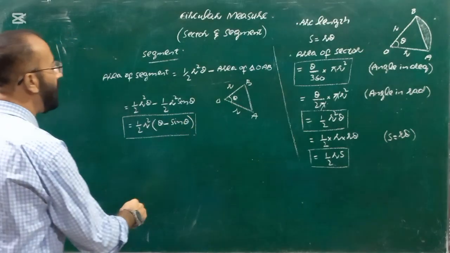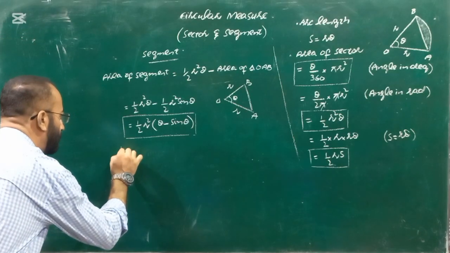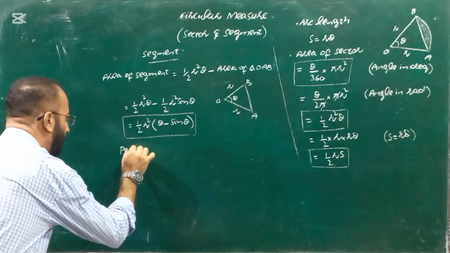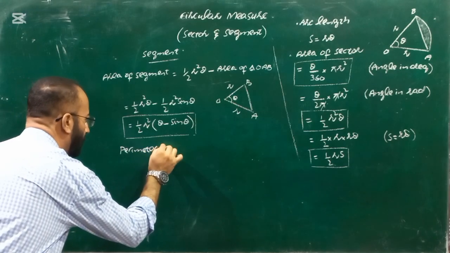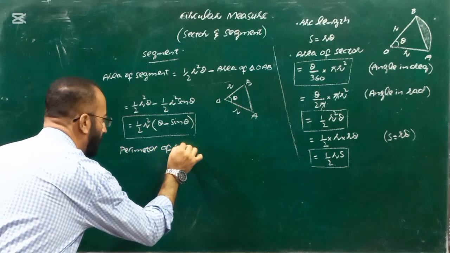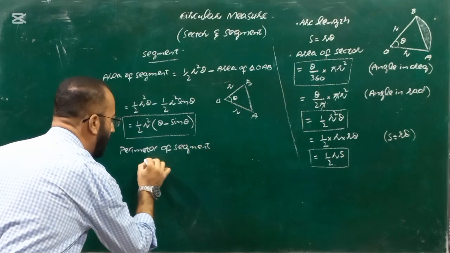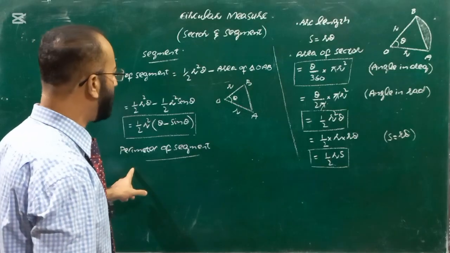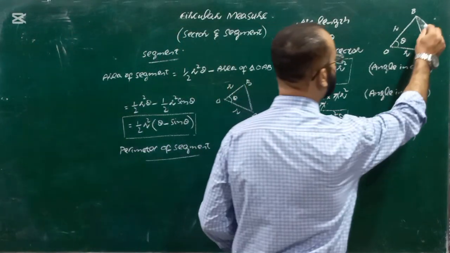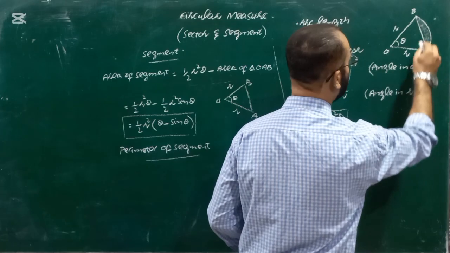And finally the perimeter of the segment. So this is the thing which we are going to find, the perimeter of this segment, that is the shaded part.